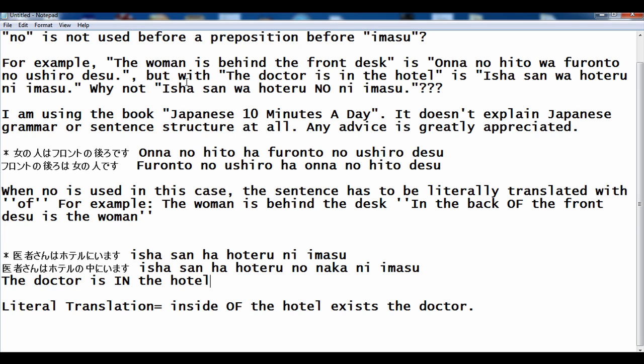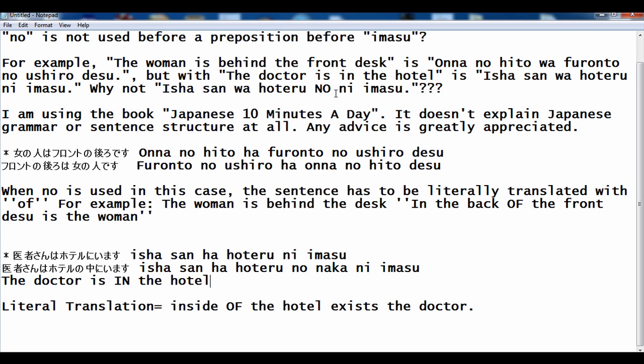So to go back to the sentence that you wrote before, Isha-san wa hoteru no ni imasu, you can use no, but you need something here. You need inside of. So hoteru no what? Hoteru no naka ni imasu. Now I know you may say, well, doesn't ni mean in?